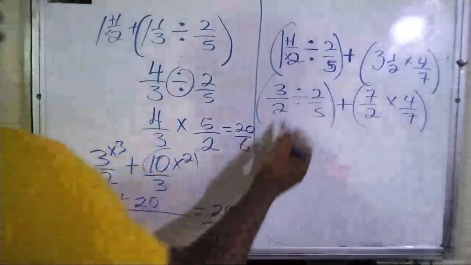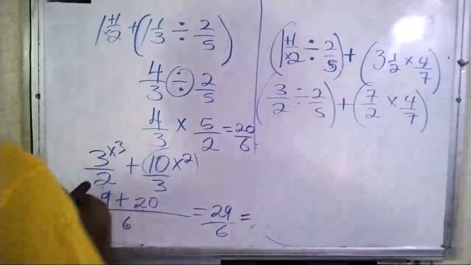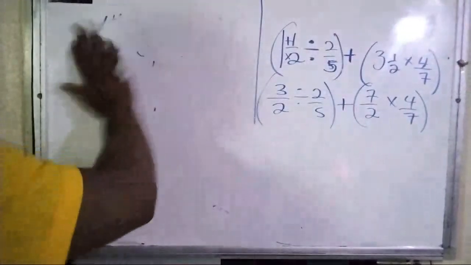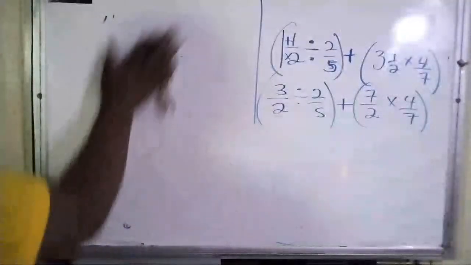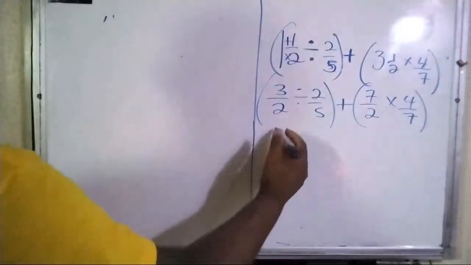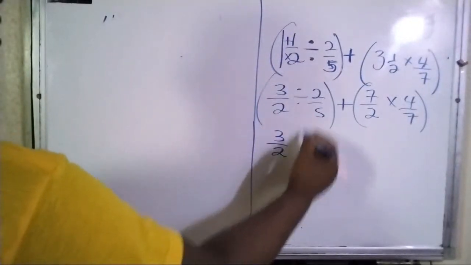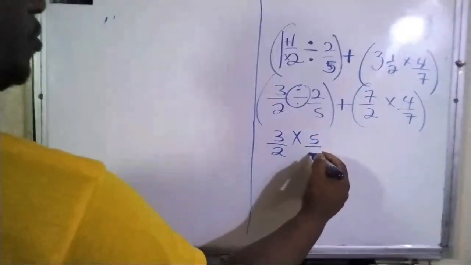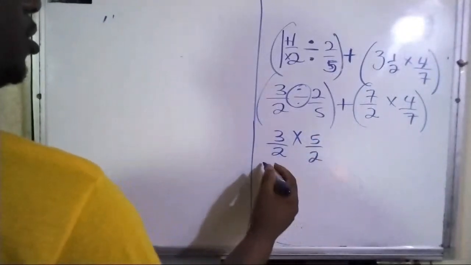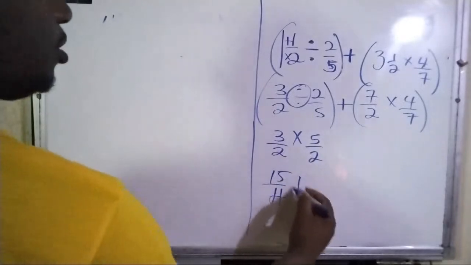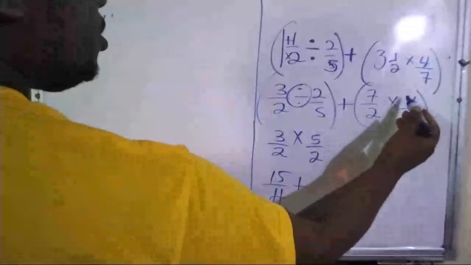We just kind of break this first. So we have 3 over 2, keep the first fraction, change this to multiplication, and then we have 5 over 2. 3 times 5 is 15, so it's 15 over 4, plus we work out this.